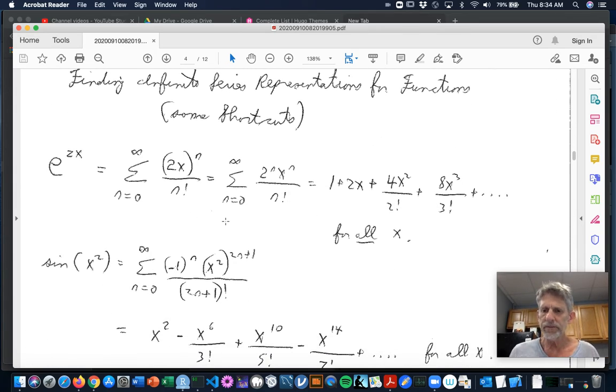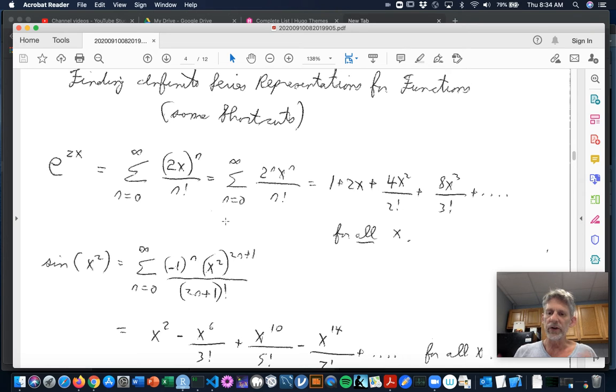It's really common in applications later on with calculus that you'll need to be able to express a function as an infinite series. So I'm just going to show you some shortcut ways to get some familiar looking functions expressed as infinite series. What about e to the 2x? You don't necessarily have to go and find the general terms of the Taylor polynomials like we did in the previous section.